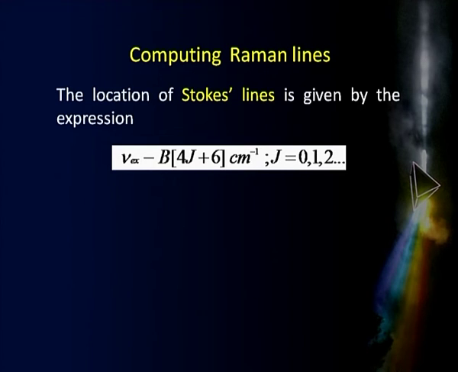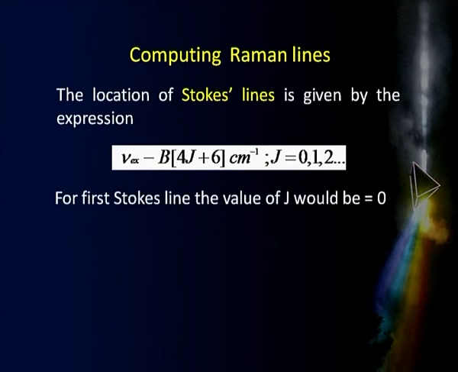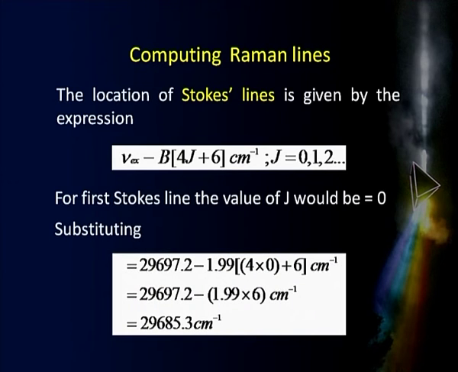Since my objective is to locate the first Stokes line, it will come when j is 0. I substitute the values of excitation frequency, the rotational constant B and the quantum number, and I get 29685.3 centimeter inverse. So, I know where I am going to get my first Stokes line.